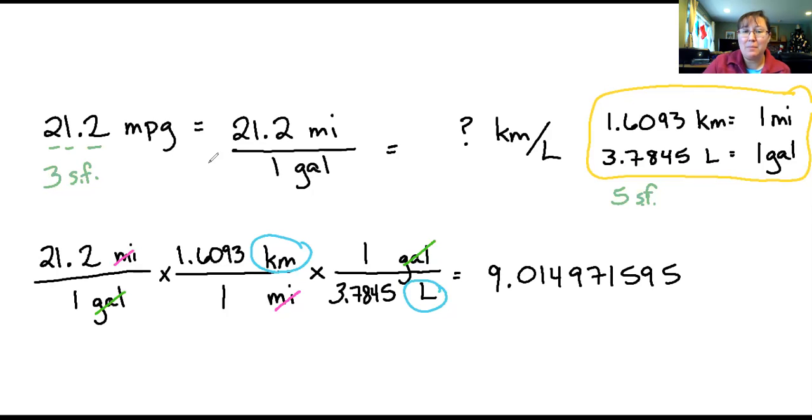Now, I determined at the beginning that I can only have 3 significant figures, so that'll be right here. And actually, we have a 4 here, which means that this will round down rather than up. So my final answer is 9.01 kilometers per liter.